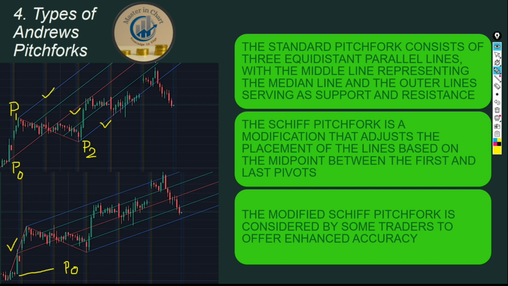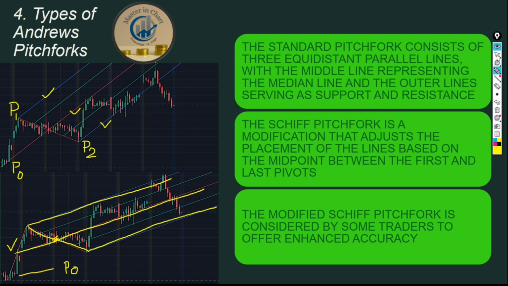And 50% of this length is considered to be the midpoint of the middle line, and this point is considered the midpoint of the middle line. And this is the upper line, this is the lower line.